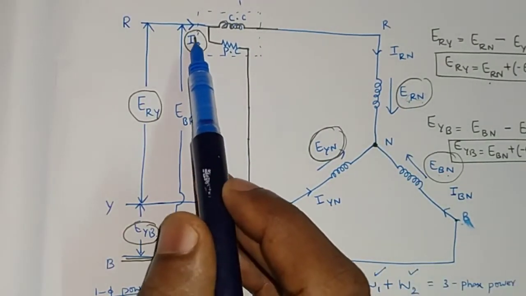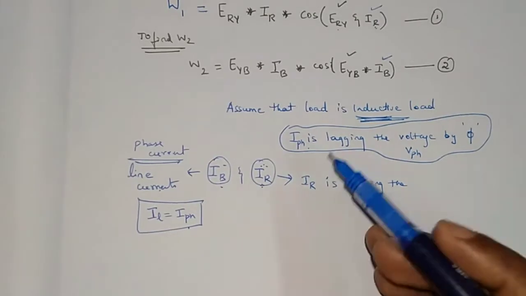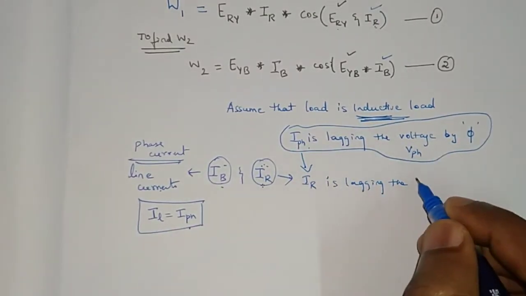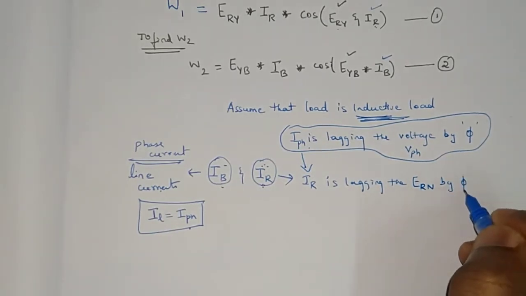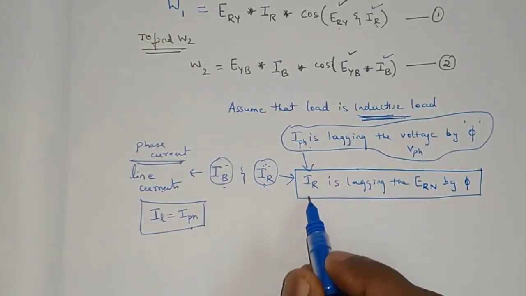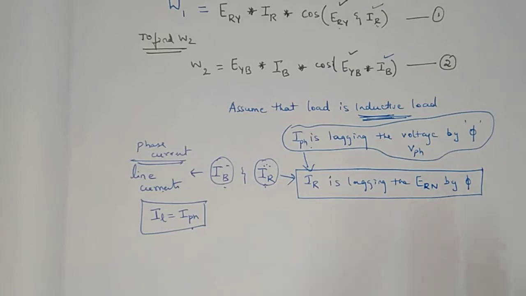With respect to IR, our phase voltage is ERN. IR, the phase current, is lagging the phase voltage ERN by angle phi. So this is what I get for IR.